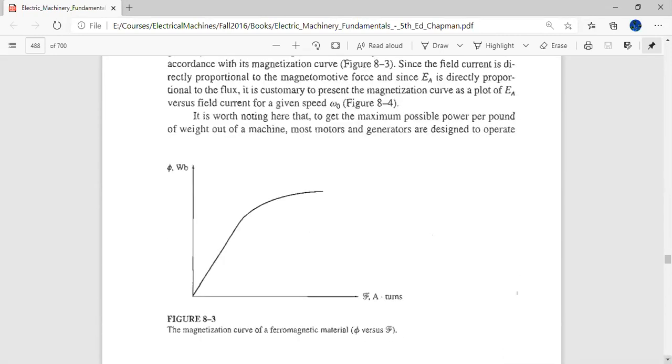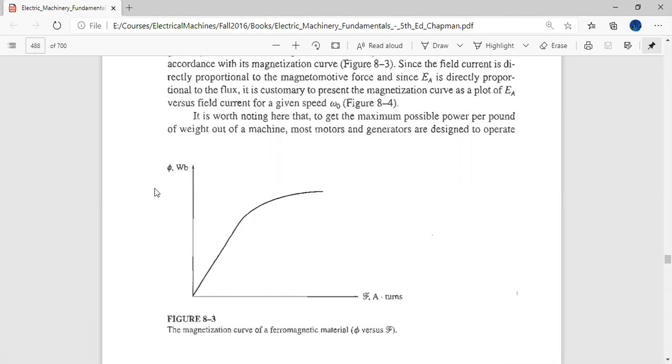Okay, so we already had done this, that we can have a magnetization curve of a ferromagnetic material like this, where when we apply the MMF, there's a proportional change in the flux, just like when, keeping the resistance constant, we increase the EMF in a circuit, so the current will increase proportionally.